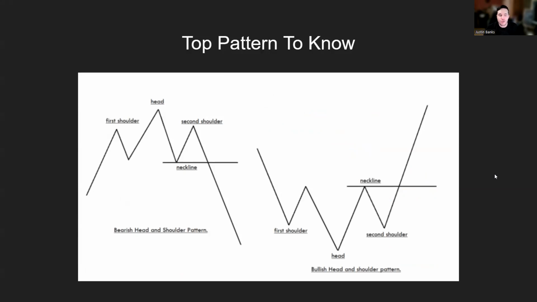Now, the top pattern to know when we have a major reversal is typically going to be called a head and shoulders. This gives the highest probability of a reversal when we're catching these at the top of a trend reversal or at the bottom of a trend reversal.